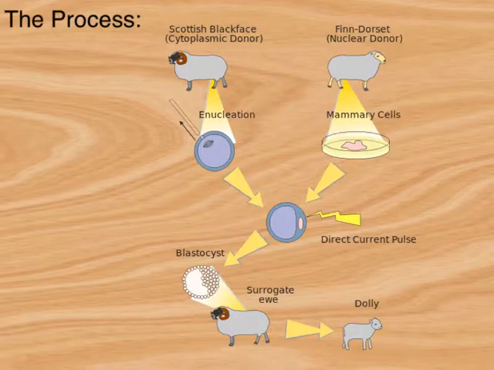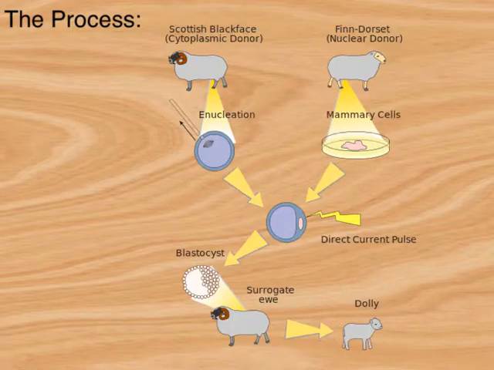That developing sheep was then placed inside the surrogate ewe, which is a female sheep, for those of you that weren't aware of that. And several months later, out popped Dolly. So the process is very similar, but this was a very important thing to have proved. You can use cells that are not stem cells to make clones.